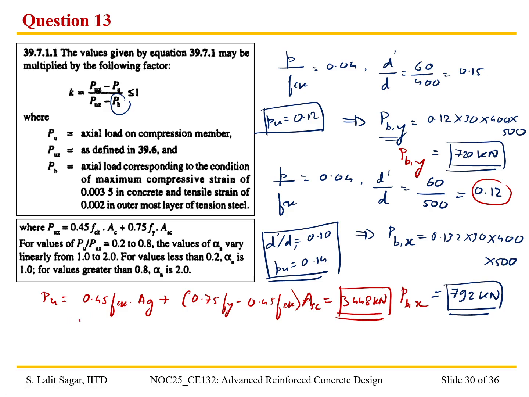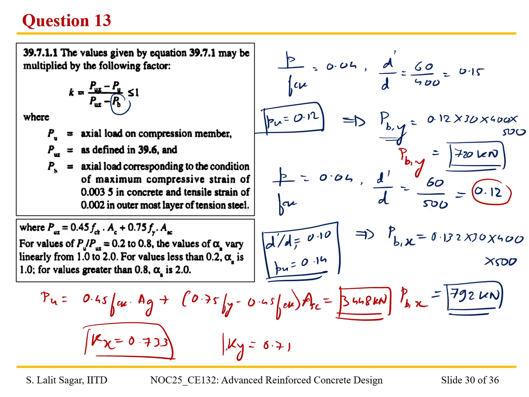discuss about this. So from this, when we plug the values, the value of PUZ we have 3448, and the value of PU is 1500 kilonewton, and we can substitute the value of PBX and PBY in order to obtain the values of KX and KY respectively. So the value of KX turns out to be how much? 0.733, and the value of KY turns out to be 0.71.